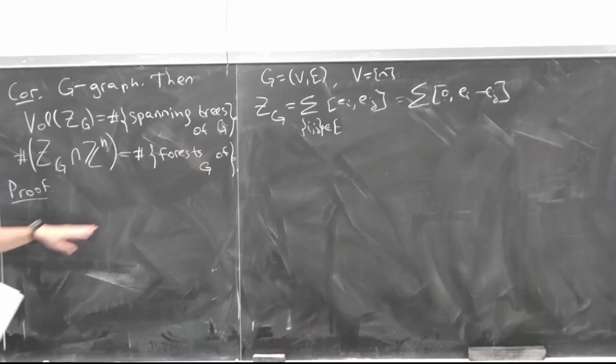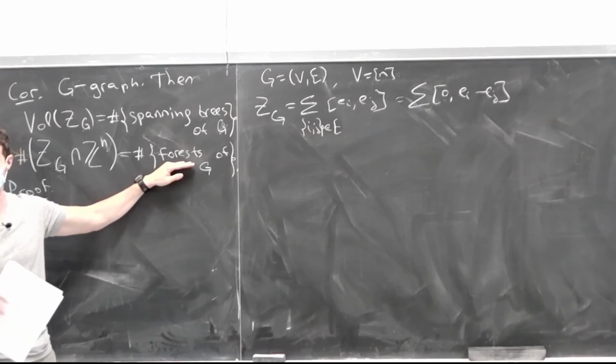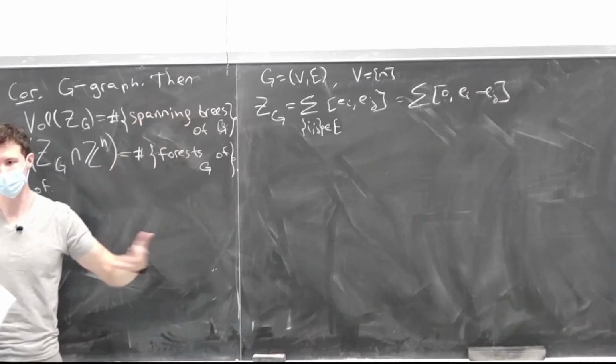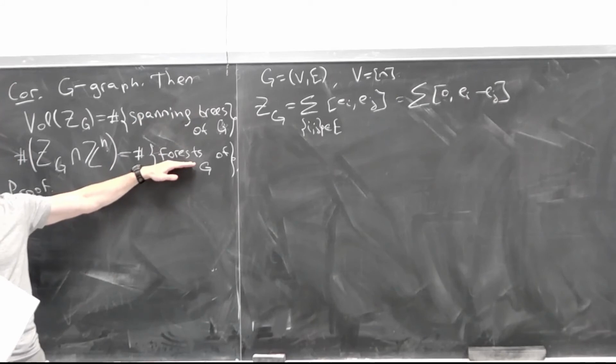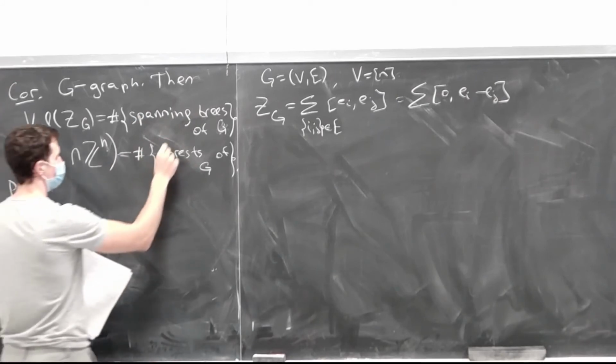A forest is an acyclic subgraph; a spanning tree is an acyclic connected subgraph, and a forest is just an arbitrary acyclic subgraph that has to use all the vertices of my graph, but other than that is arbitrary. A spanning forest.